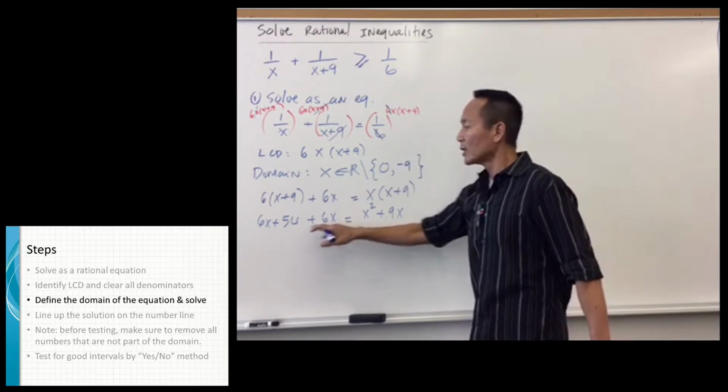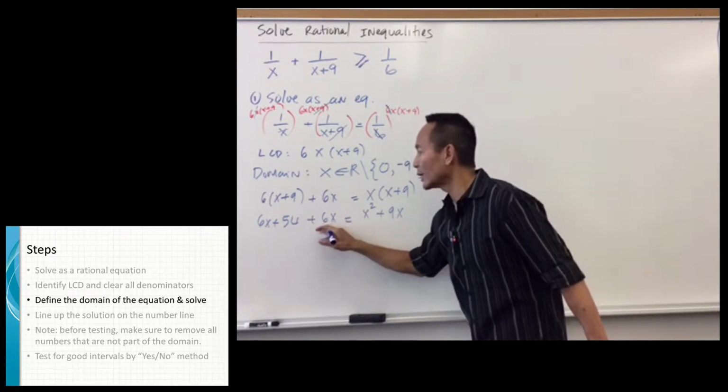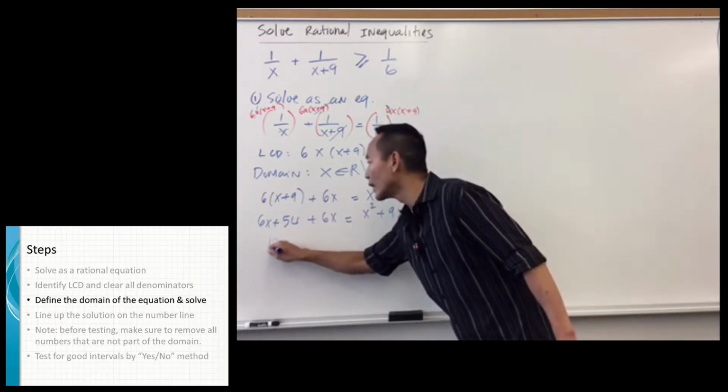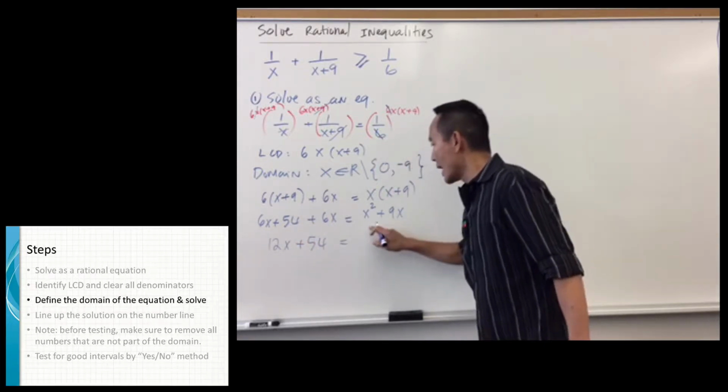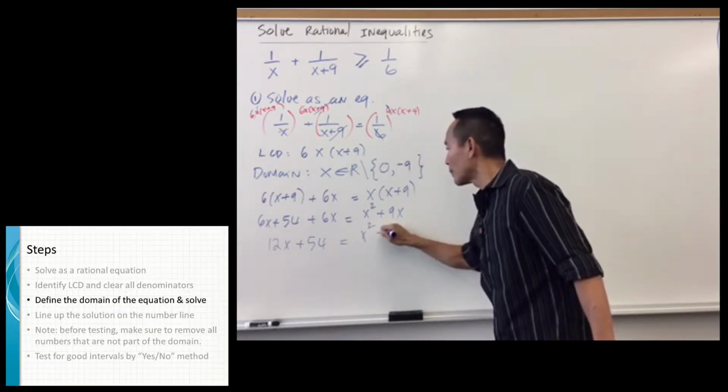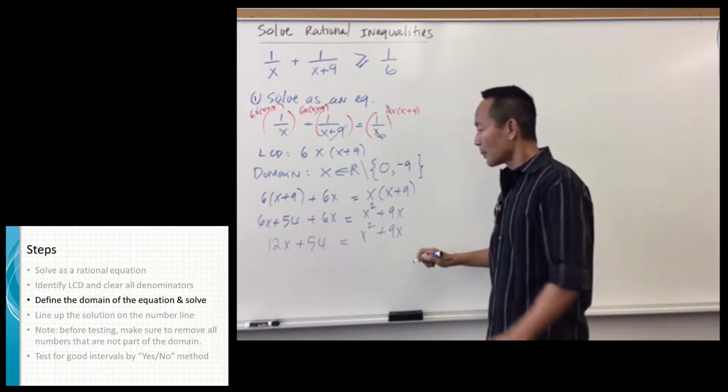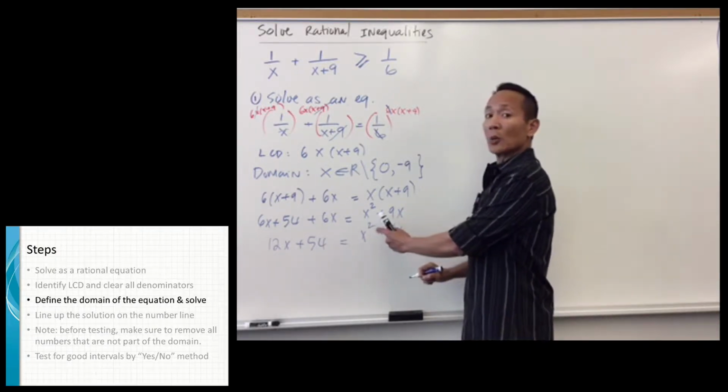On the left, combine like terms: 6x plus 6x is 12x, plus 54. And on the right we have x squared plus 9x. Now, this is called a nonlinear equation.